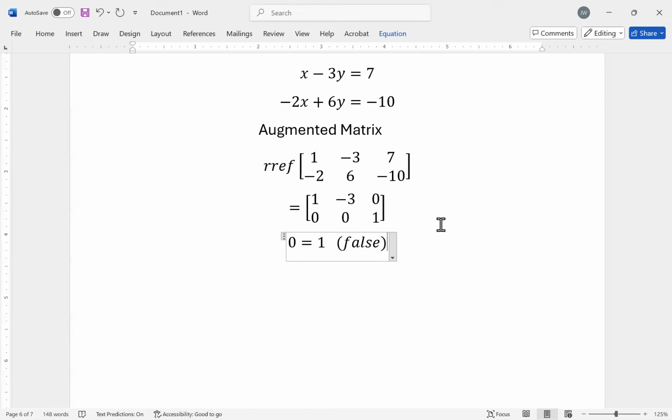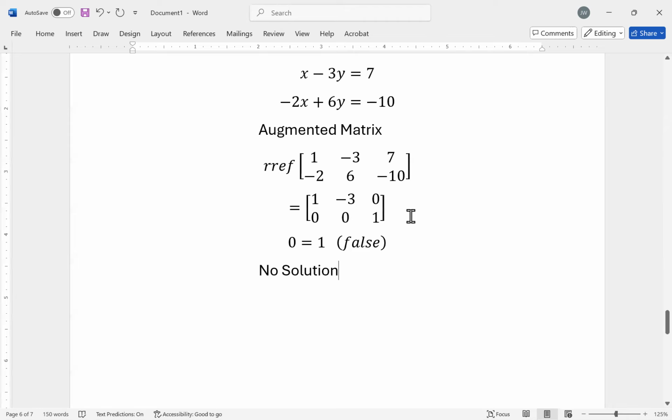And what that means is that this is the scenario where we have no solution to our system of linear equations. When we get a row that looks like 0 equals 1, then that tells me there's no solution to that original system.